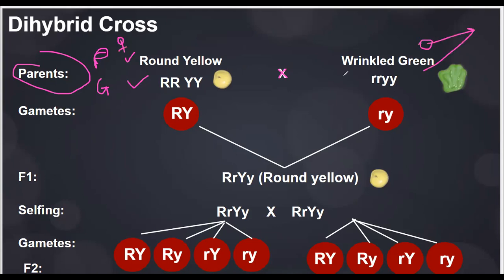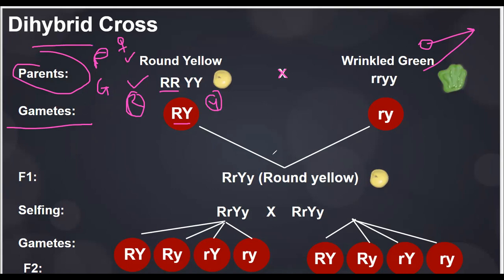So what is a possible gamete here? Capital R, capital Y. Because we are considering two traits, this will be written capital R, capital Y, and here small r, small y. These are the gametes of the parents, where we selected two traits.